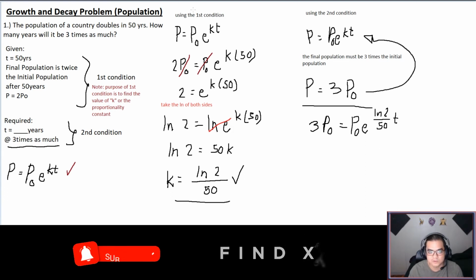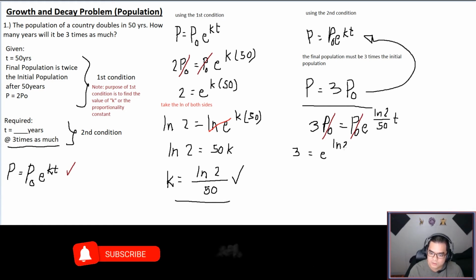As you can see, there is again P₀ on both sides, therefore I can cancel this out. So canceling those out, you will be left with 3 equal to e raised to ln 2 over 50 times t. That is a power, right?